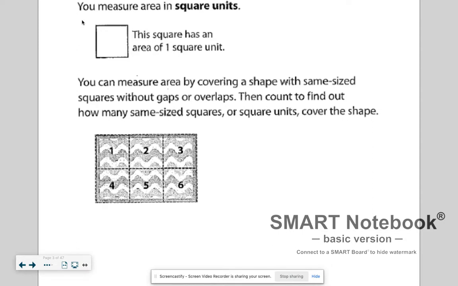And so now all we have to do is figure out how many are on the inside. So we can just count 1, 2, 3, 4, 5, 6. So we can say that this rectangle has an area of 6 square units. And that's just the label whenever we talk about area, square units.